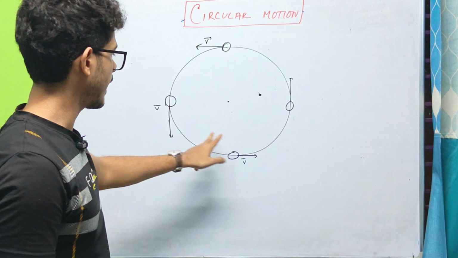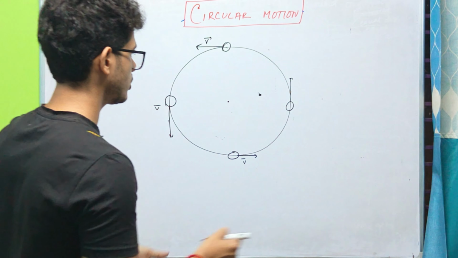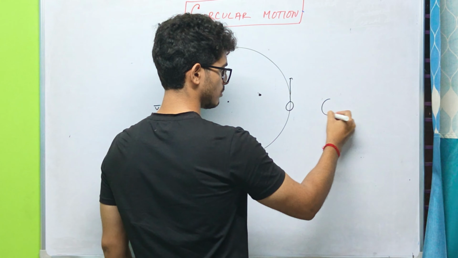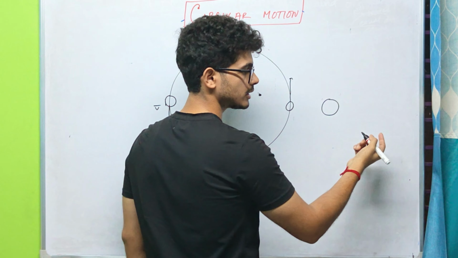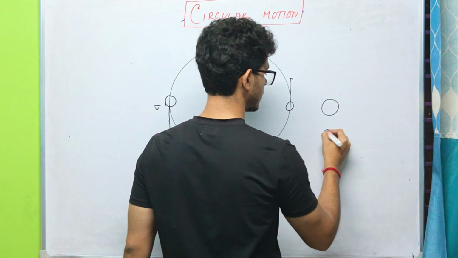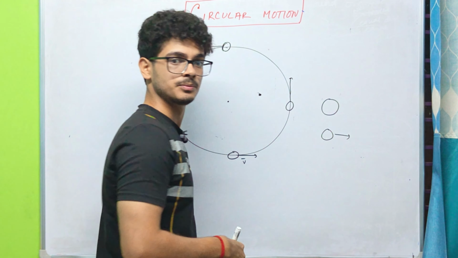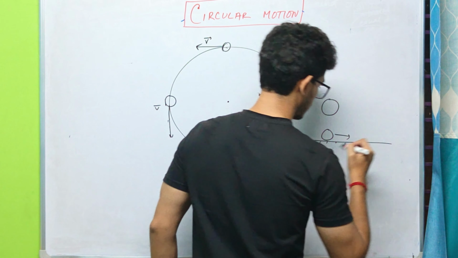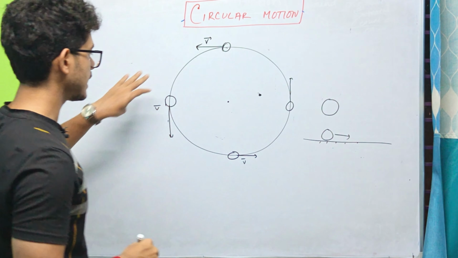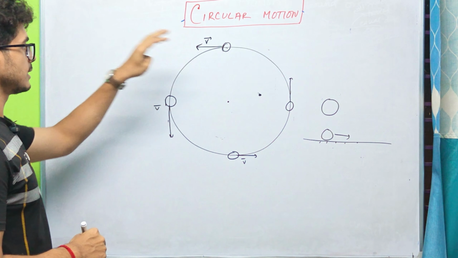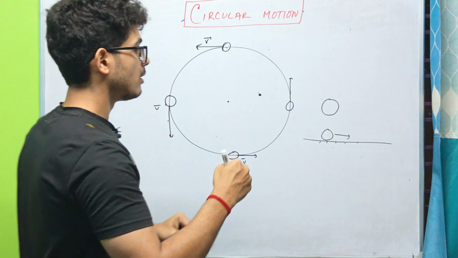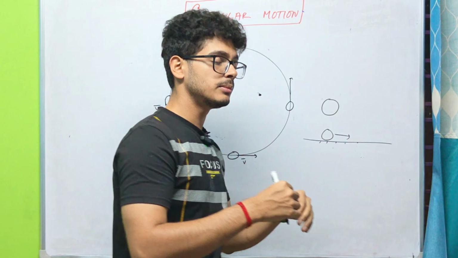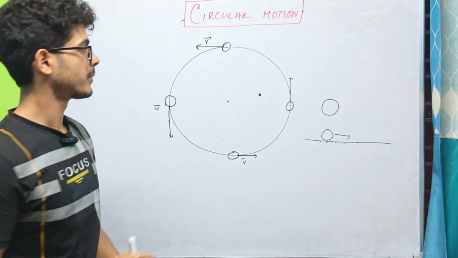Inertia will not act in a circular direction. We have all heard about inertia: the object at rest will try to be at rest, and objects in motion will try to be in motion. But this is the case of linear motion. An object can't possess circular motion while being in the state of its inertia.